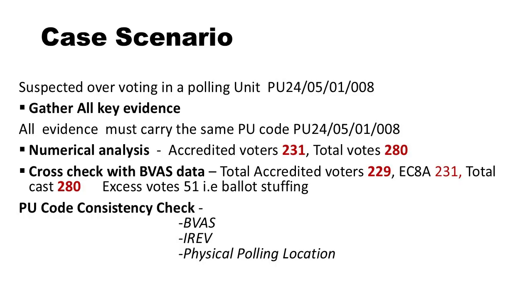So by the time you have all this, because in a polling unit, every document there can be traced using this PU code, 2405010008, to link them to that polling unit. If you are looking at all these documents from a polling unit, if there's any that is not consistent with the polling unit code, then something is a red flag.